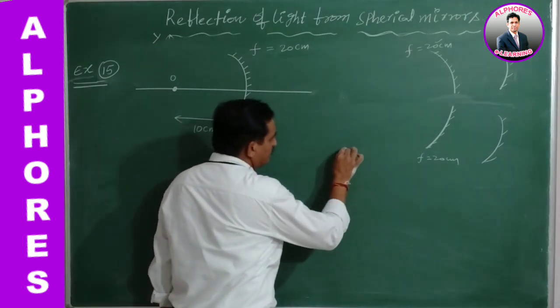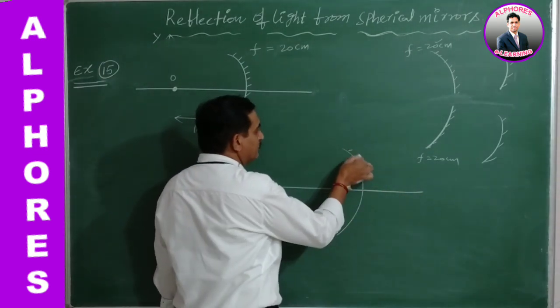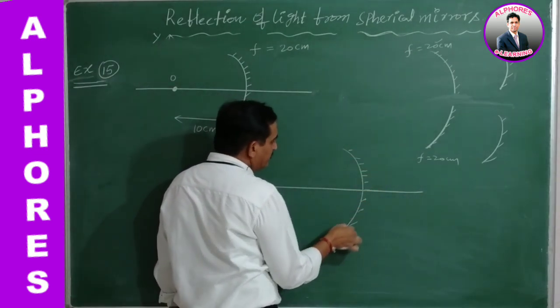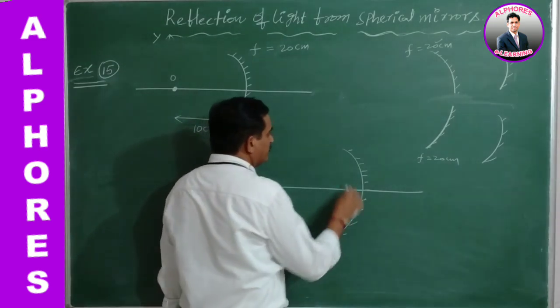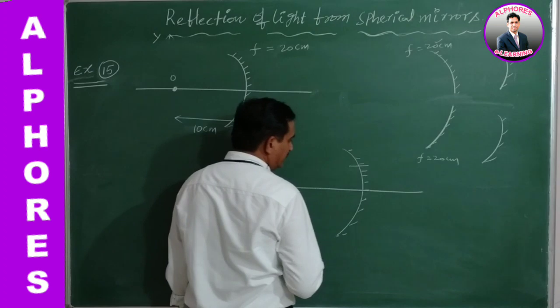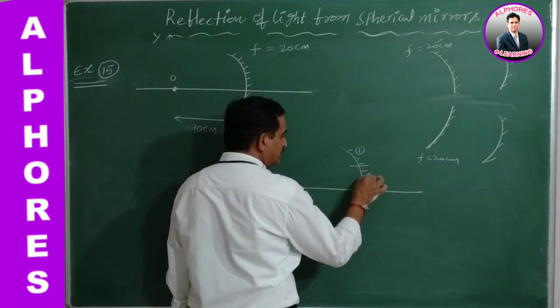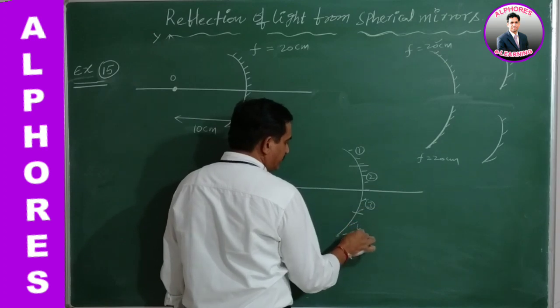Suppose a concave mirror or a convex mirror is cut into any number of pieces. Suppose here one piece, up to here one piece, here one piece. As a whole, part 1, part 2, part 3, part 4.